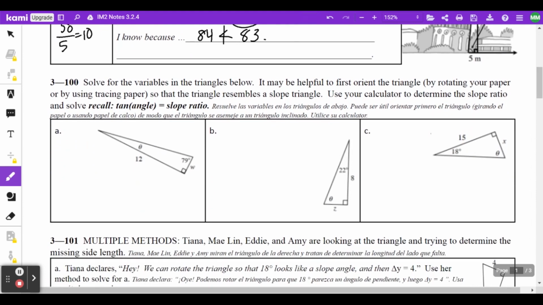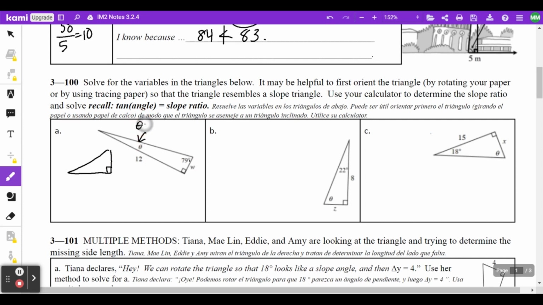3-100. Solve for the variables in the triangles below. It may be helpful to first orient the triangle by rotating our paper or by tracing. Okay, let me think. So we have this triangle. I'm going to redraw it. If this is 79, I can solve for theta.